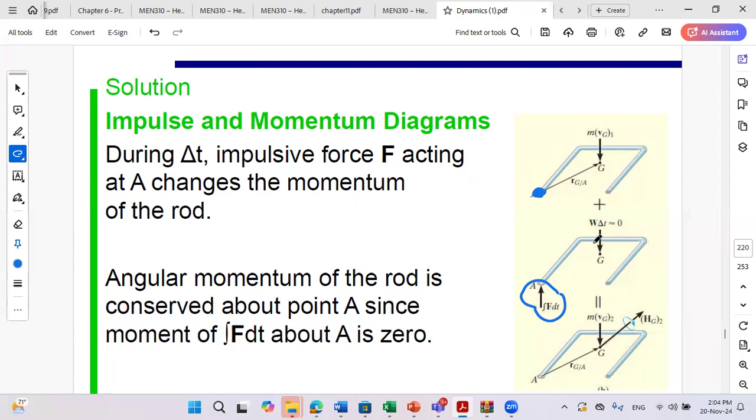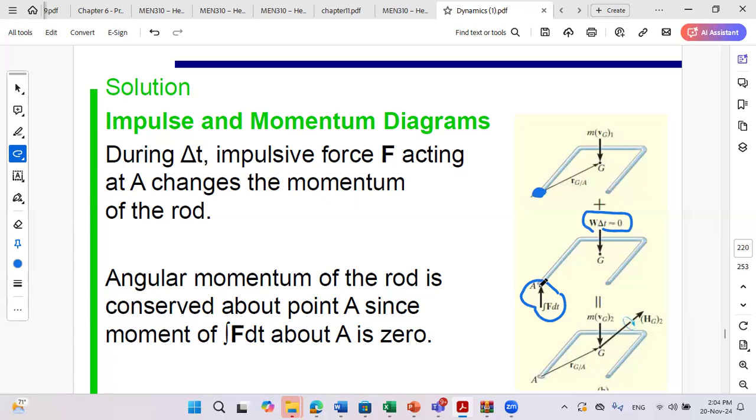The other force acting on the system is the weight, and since delta t is really small, the weight is a non-impulsive force. So we can apply conservation of angular momentum about point A.